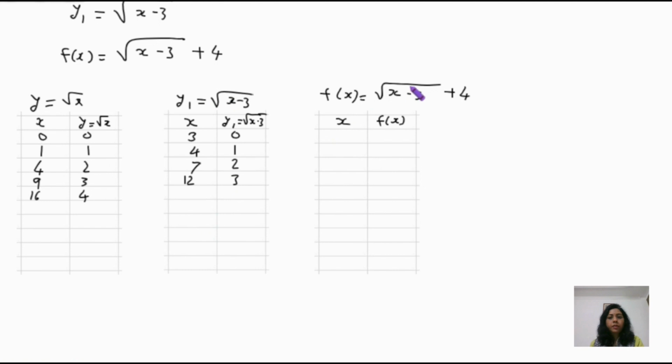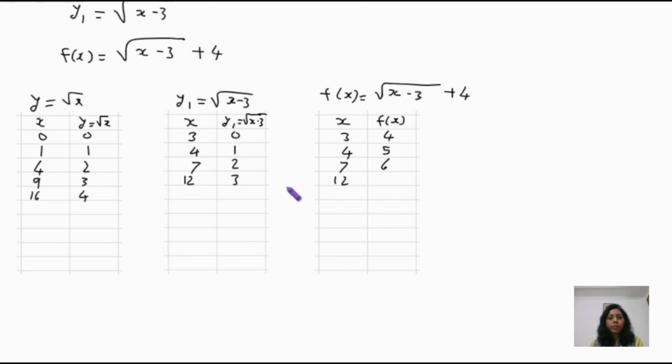Okay, here just add 4 in this column. So when we put 3, here we get 4. 0 plus 4 is 4. When we put 4, 1 plus 4 is 5. When we put 7, 2 plus 4 is 6.